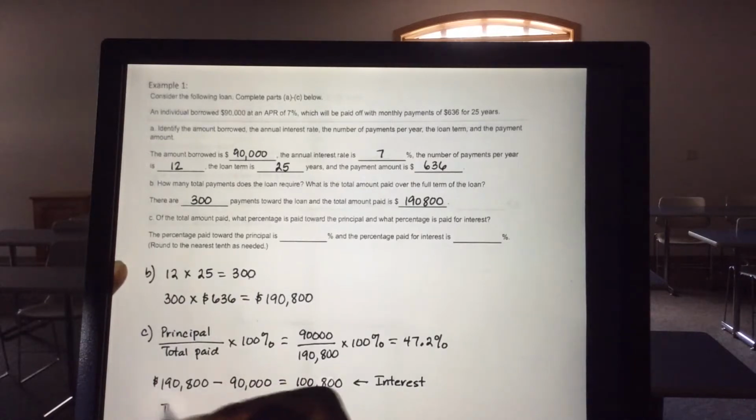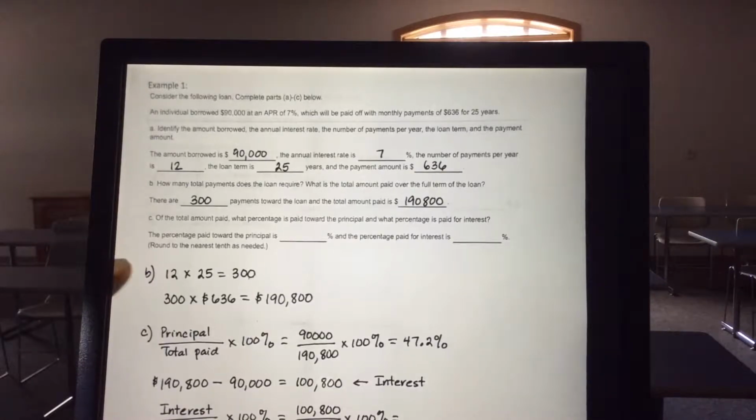So here, we'll take the interest, divide that by the total amount that's paid, times 100%. And that interest was $100,800 divided by the total amount paid, which is $190,800 times 100%.